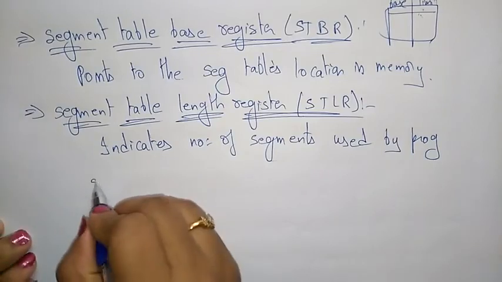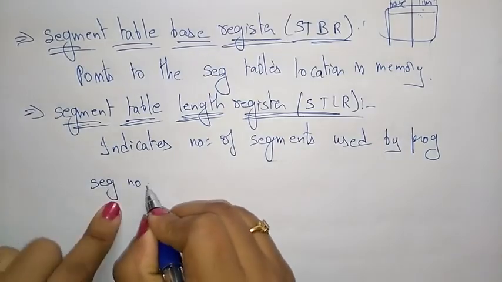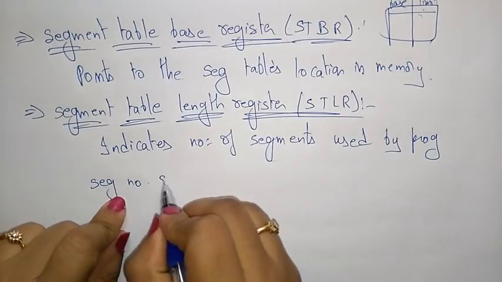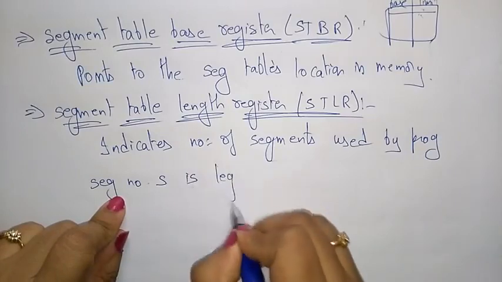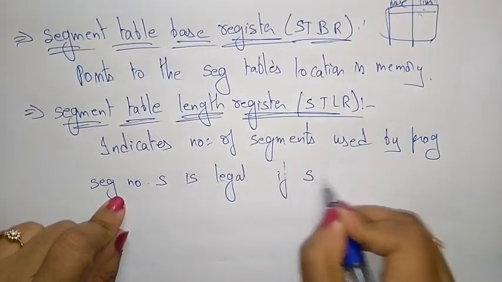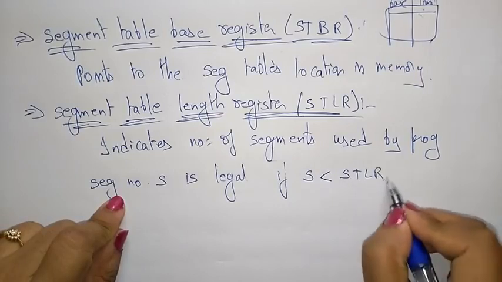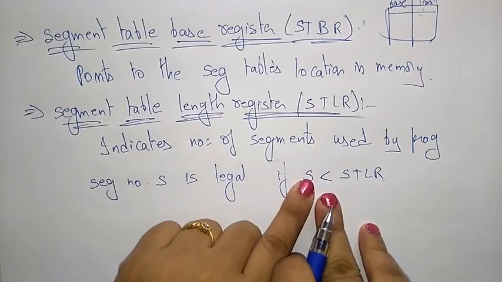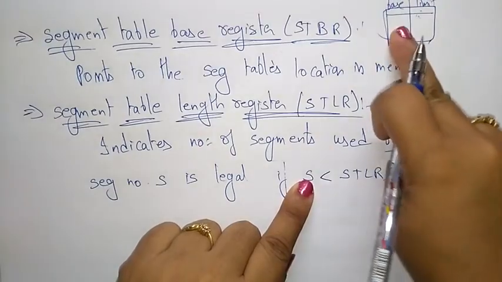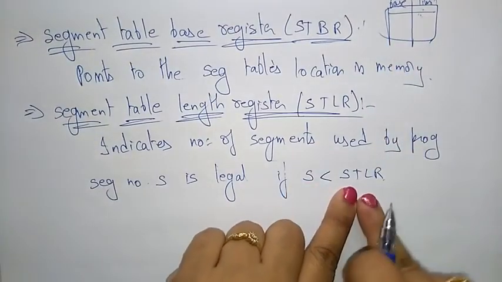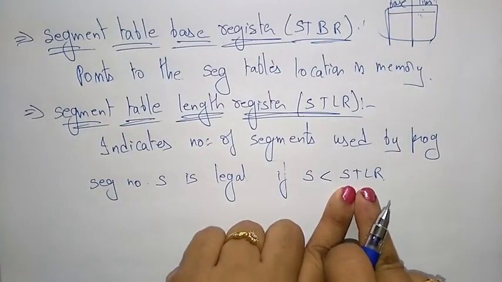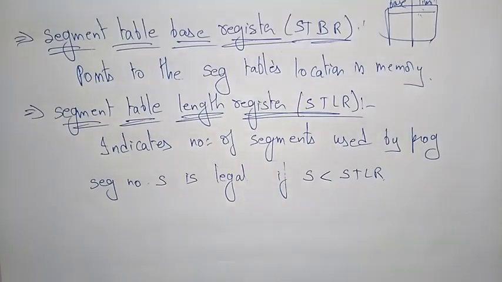You have to remember that the segment number s is legal if it is less than the segment table length register. So whatever segment you are storing in the table, that segment number should be less than the total length of the segment table length register.